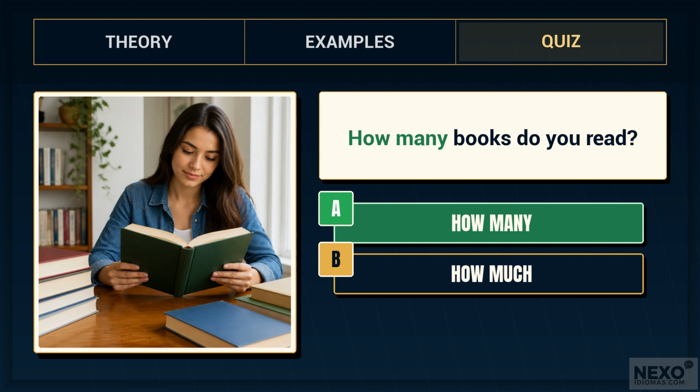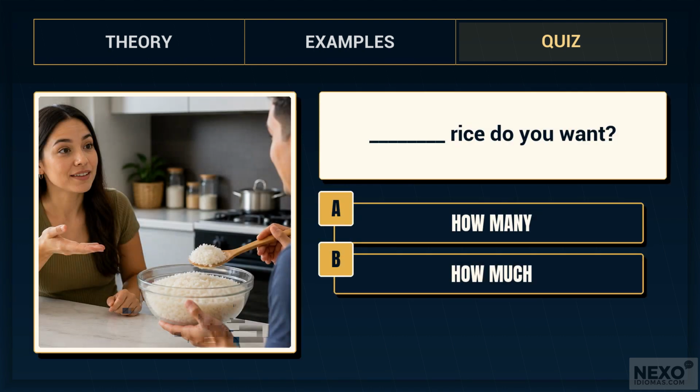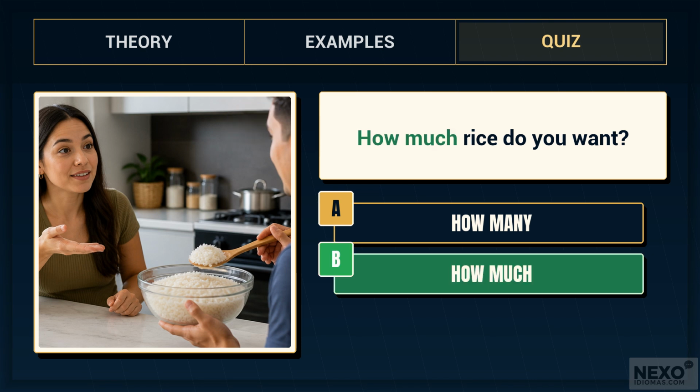How many? How many books do you read? Choose an option. How much? How much rice do you want?